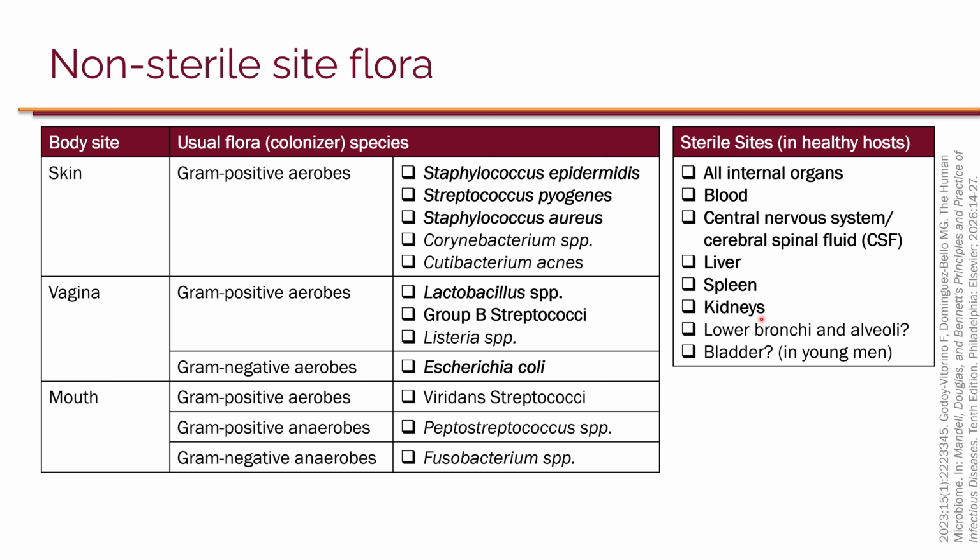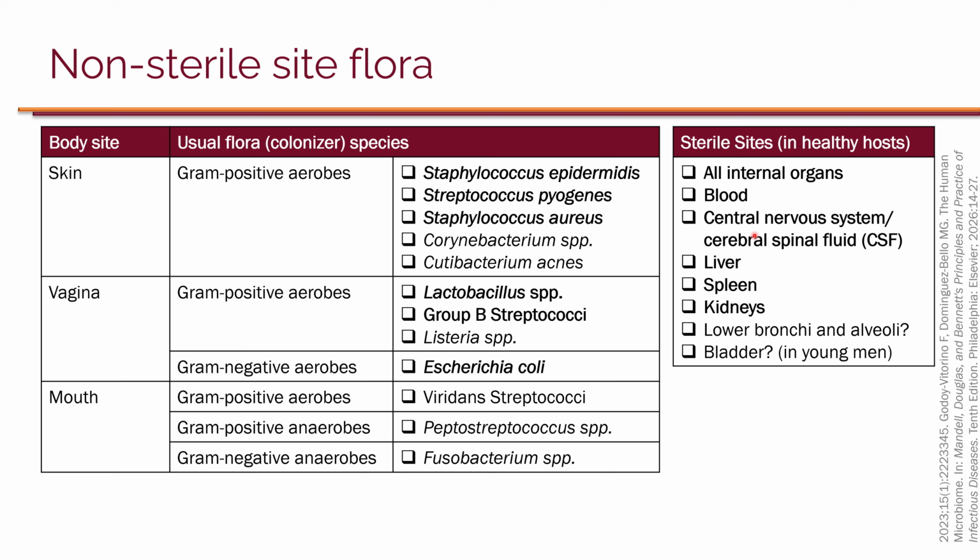Now, when it comes to infectious diseases, it is helpful to know which sites in the body are sterile. So essentially, in general, it's considered that all internal organs are sterile. So organisms are not supposed to be there. For example, blood is considered sterile. So if you have a healthy person, if you take their blood sample and culture it, nothing should grow.